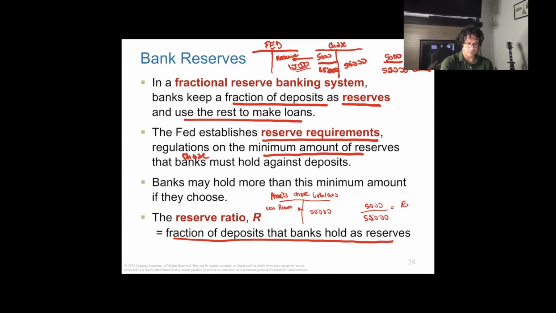Okay? Reserves divided by this. This ratio is called R, the reserve ratio R. The denominator is this right-hand side, the demand deposits. The numerator are the reserves, which are the assets that Chase puts inside the Federal Reserve.